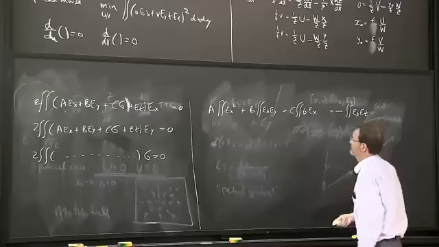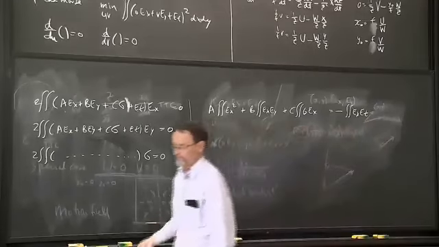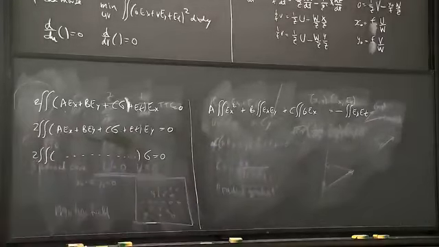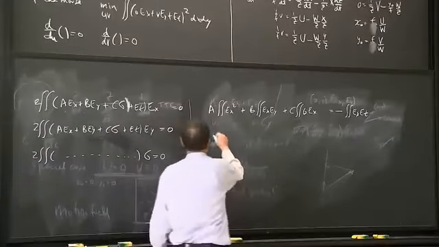Okay, so that's one equation. And you'll notice it's an equation that's linear in a, b, and c. So that right away gives us hope that we can solve this problem pretty easily.